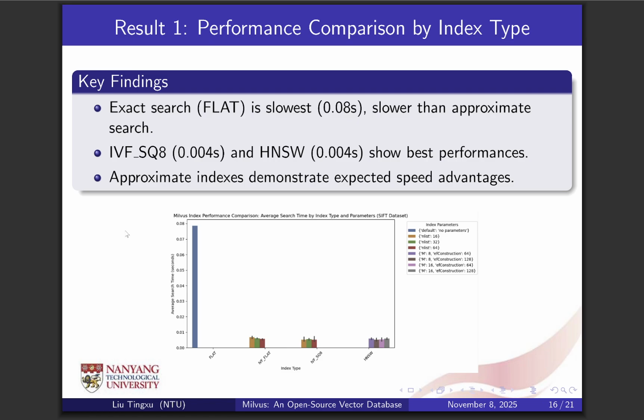In the picture, we can see FLAT is the slowest because it's an exact search. It's slower than approximate search. And IVF SQ8 and HNSW show the best performance. So approximate indexes demonstrate expected speed advantages.